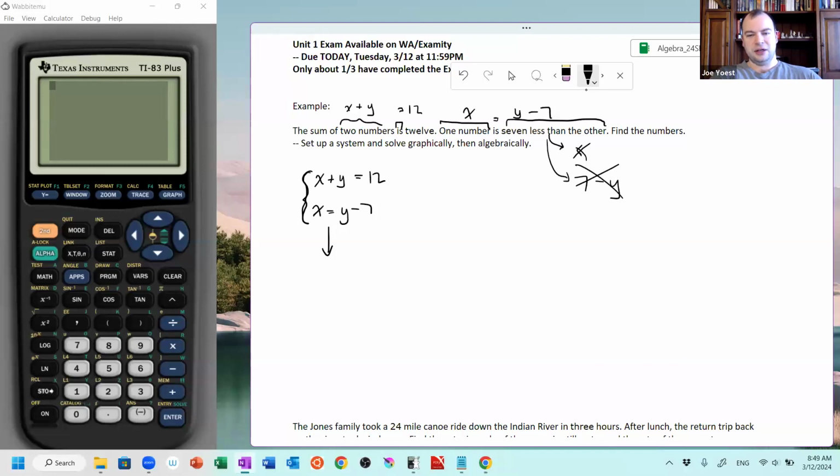So I'll solve for this as X in terms of Y. So X equals minus Y plus 12, and X equals Y minus 7. There's nothing wrong with solving for X in terms of Y. These are just two variables.